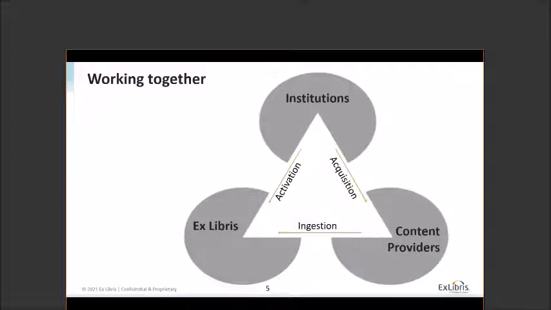Say a library wants an ebooks collection, so they go to one of our content providers, ProQuest, EBSCO, Gale, Sage, JSTOR, and so on, and they purchase. What they're purchasing is actually access. They don't get records, thank God, but they have access to see the content on the provider's platform.